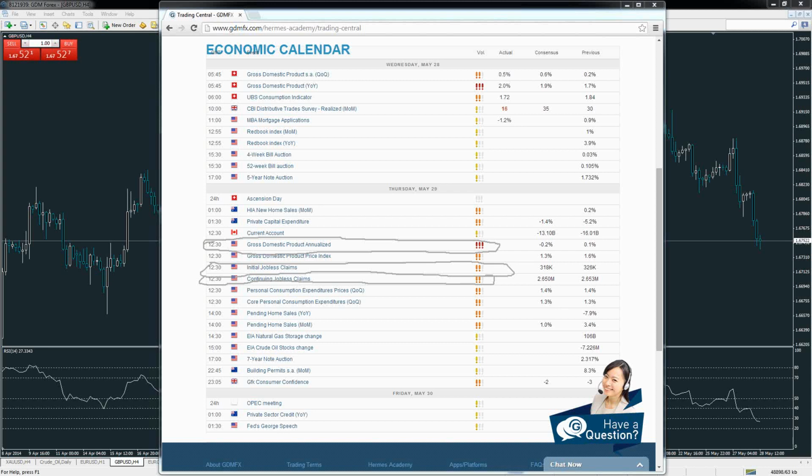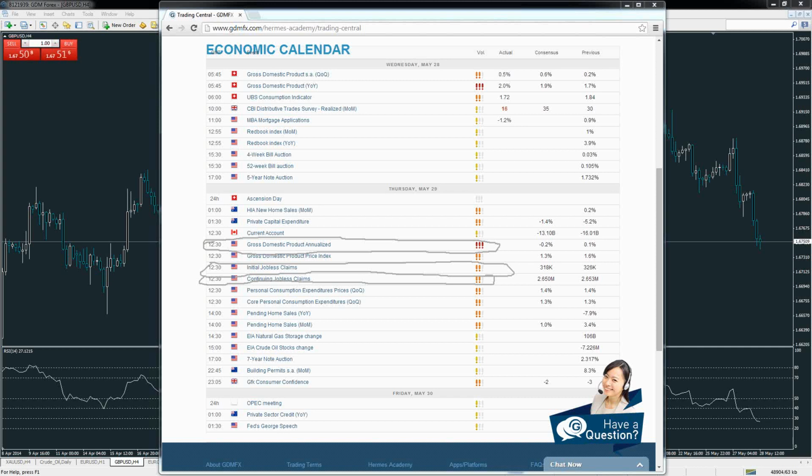Now, we have two types of core durable goods. One of it is the whole core durable goods, and the other one is excluding the transportation. Because, of course, as we have an example, aircraft orders are very volatile. The core number gives a better gauge of ordering trends, right?